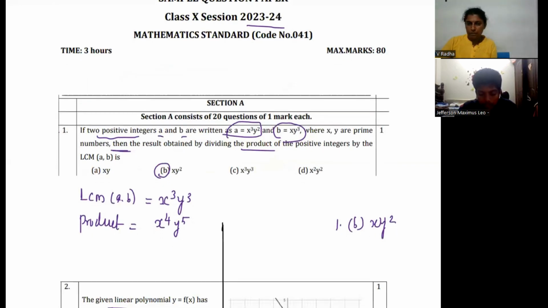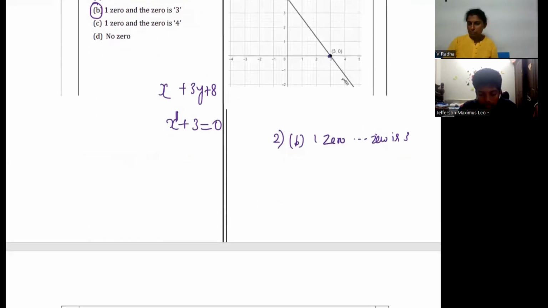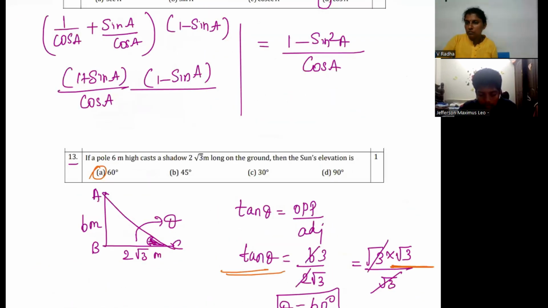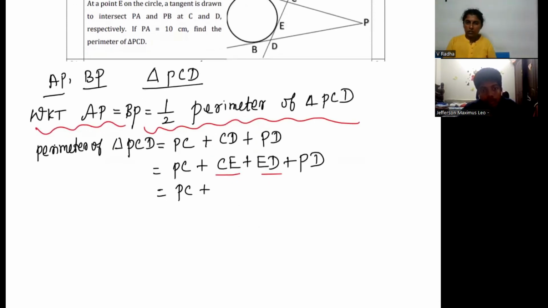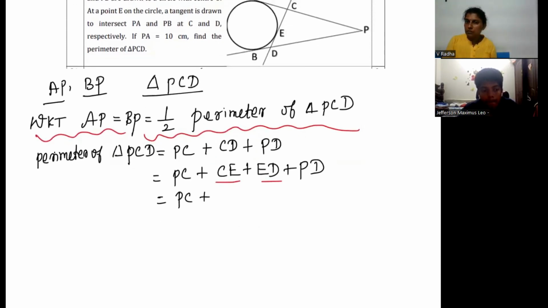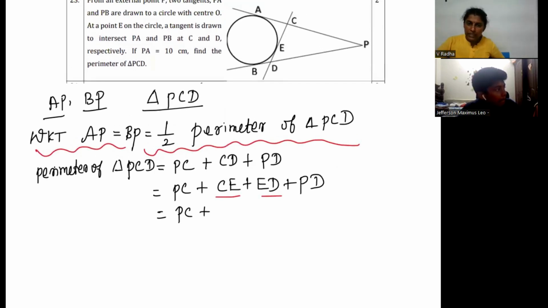CE is equal to AC and ED is equal to BD, and PD.